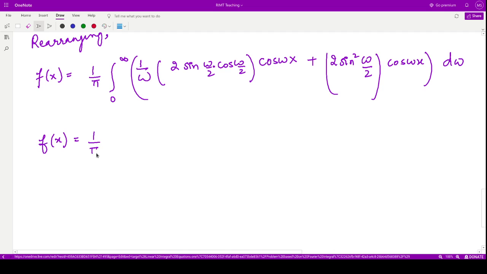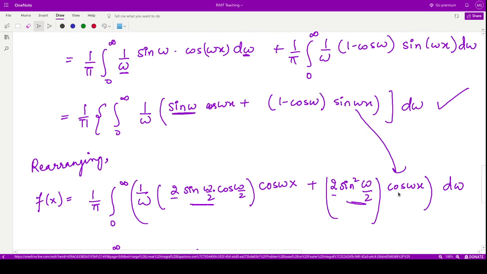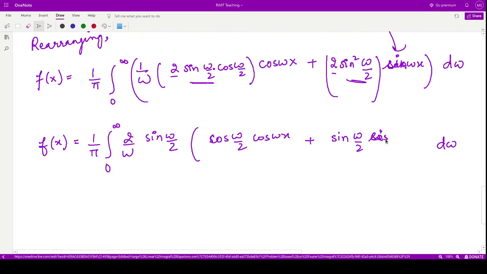So I have 1 by pi as such, integration from 0 to infinity, and then I can take this 2 common, so it would be 2 by omega, and I can also take sine omega by 2 common, so in the brackets I would be left with cos omega by 2 cos omega x plus sine omega by 2 sine omega x. I'm sorry, here we should have sine omega x. Okay, so this term is sine omega x.